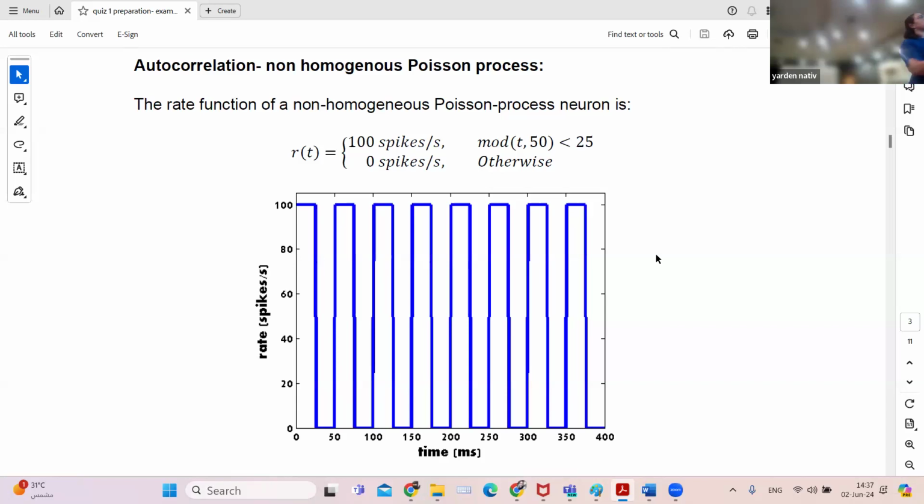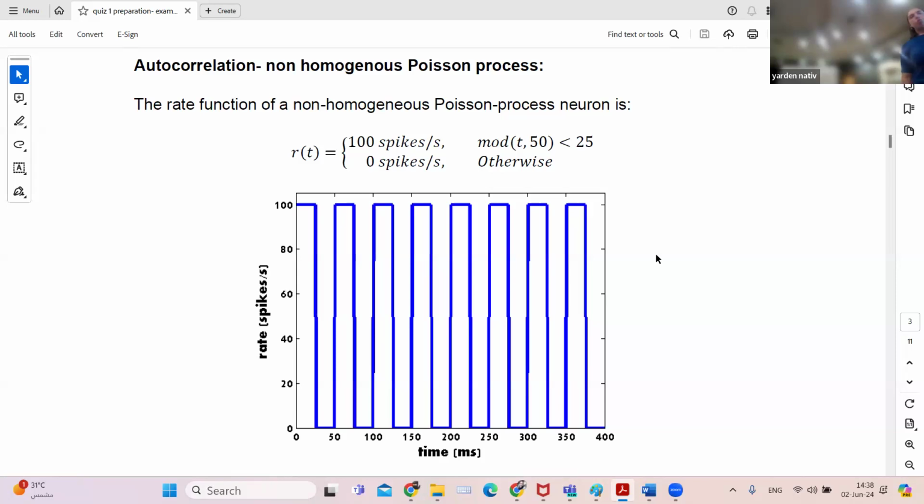If you take the time and divide it by 50, for example 60 divided by 50, the remainder is 10. So what are the times here? It will be less than 25. Right, exactly. And it will be 0 otherwise.